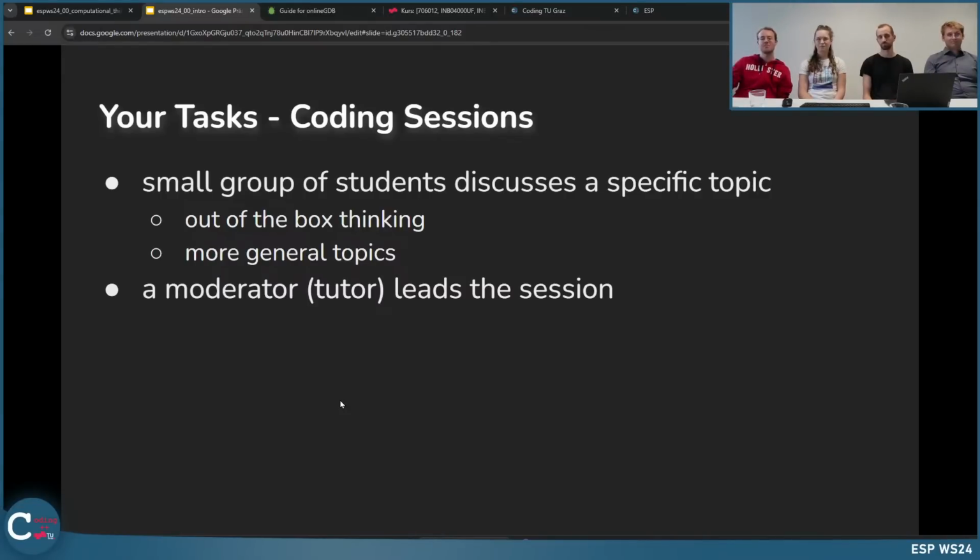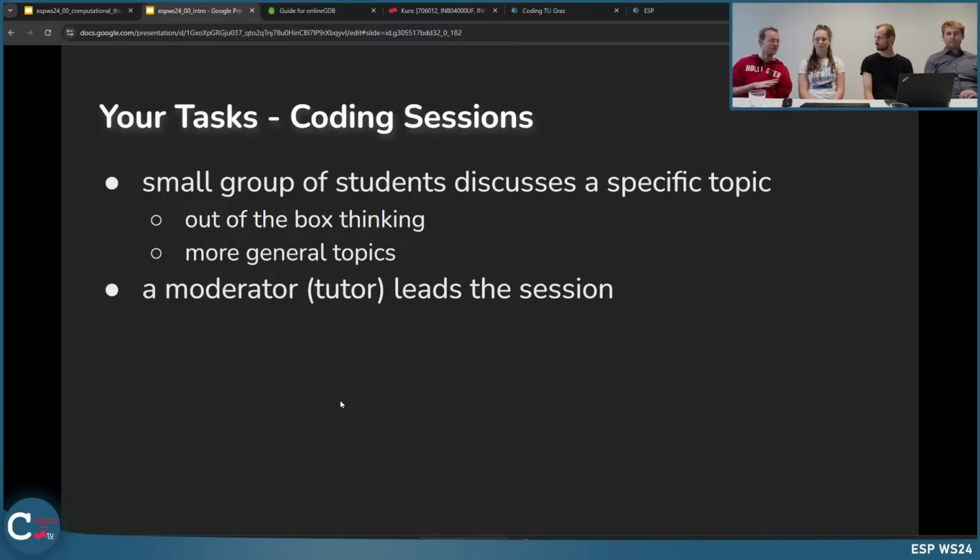So it might be even more general topics, that you design something, that you create an algorithm, and so on and so forth. So it's really not that much related to only implementing C code, but really to think out of the box a bit. And this group of 10-15 students will discuss with a moderator, with one of our tutors, in the session about the topic. This is the general idea.